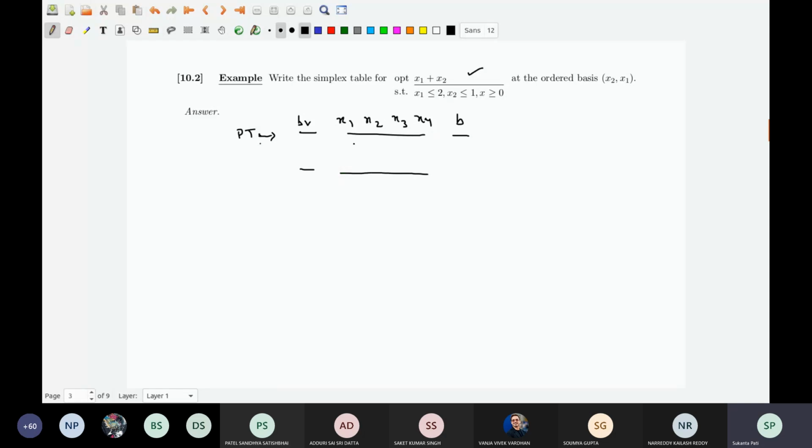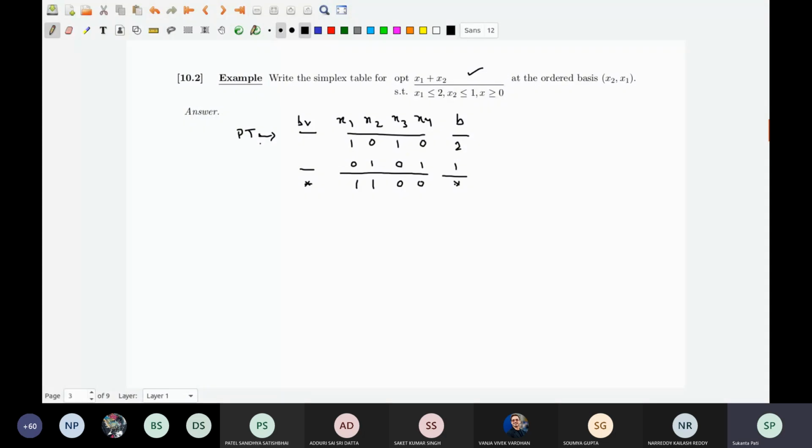So 1 x1, 0 x2, 1 x3, 0 x4 equal to 2. And then x2 less than or equal to 1. So 0 x1, 1 x2, 0 x3, 1 x4 equal to 1. And then I have to minimize x1 plus x2. So 1 x1, 1 x2, 0 x3, 0 x4.